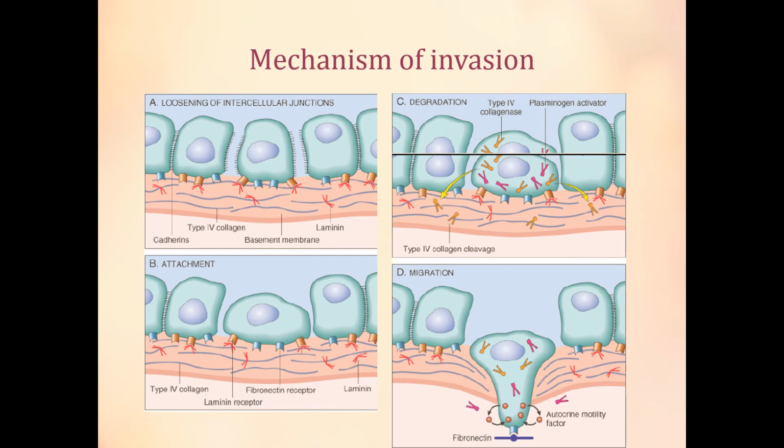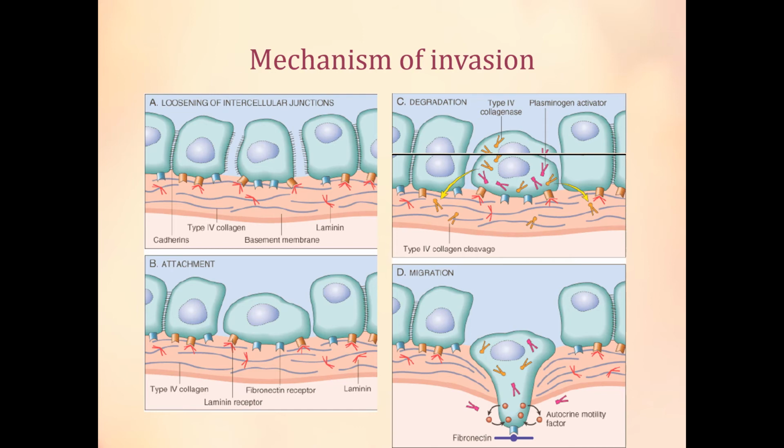Invasion is the main feature of malignant tumors, and invasive growth is the penetration of tumor cells into the surrounding intercellular space. This process is accompanied by tissue destruction. The invasion of tumor cells into the extracellular matrix consists of four stages.